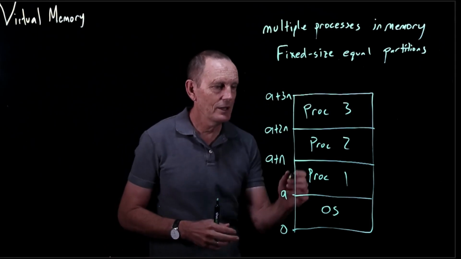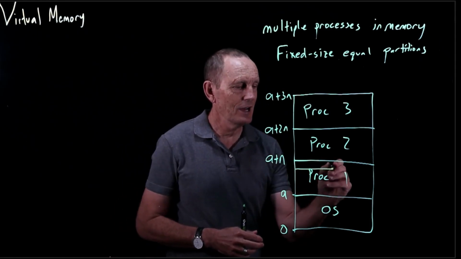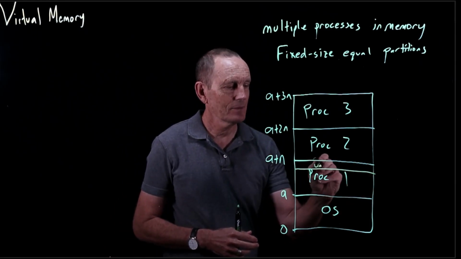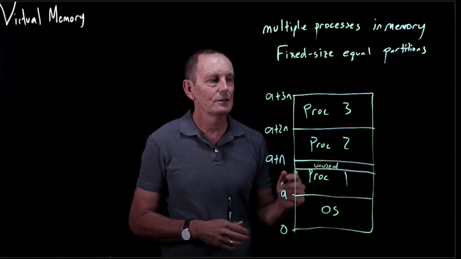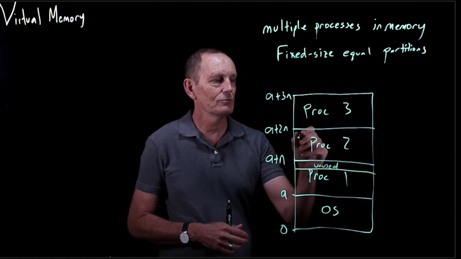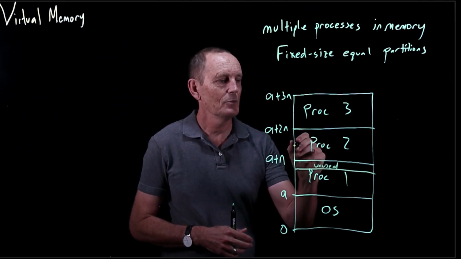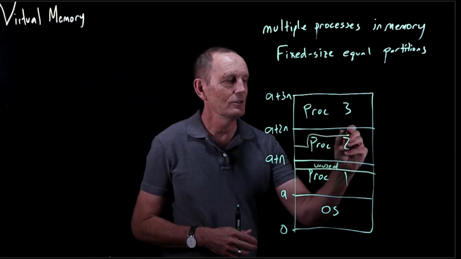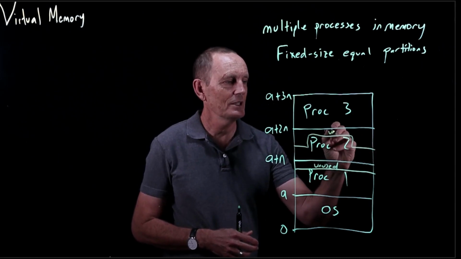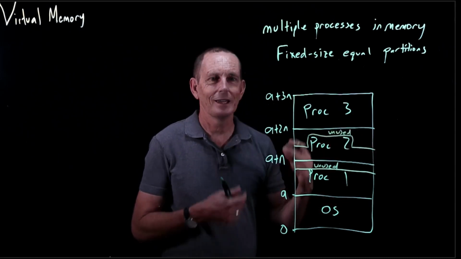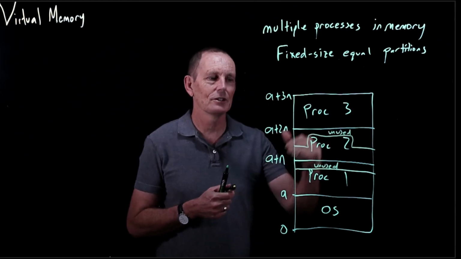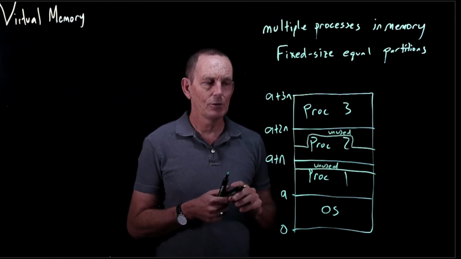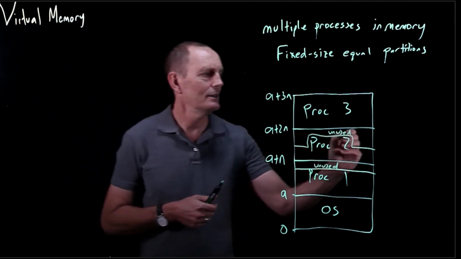So process 1 actually doesn't utilize this space. And process 2 doesn't utilize a whole lot more space. Now, of course, you can't actually break it up sort of two-dimensionally like that, but we'll just assume there's a bunch at the top that it doesn't use.